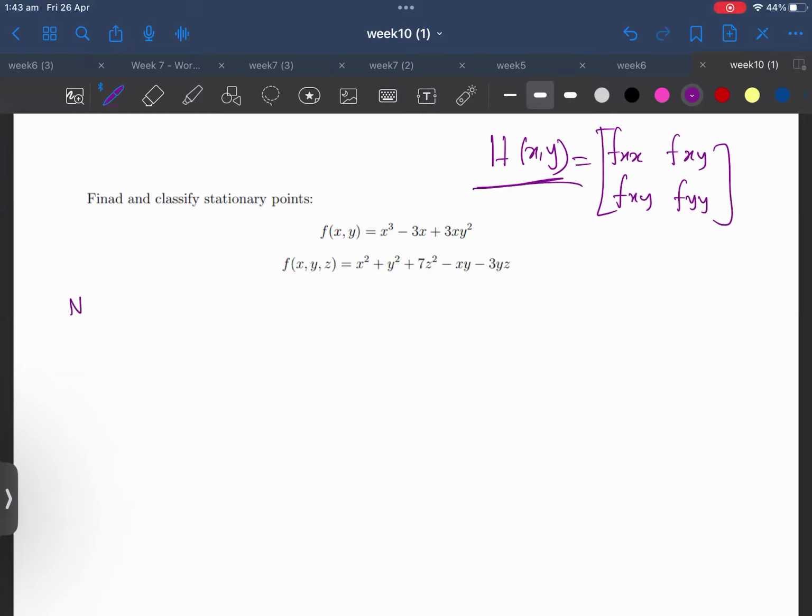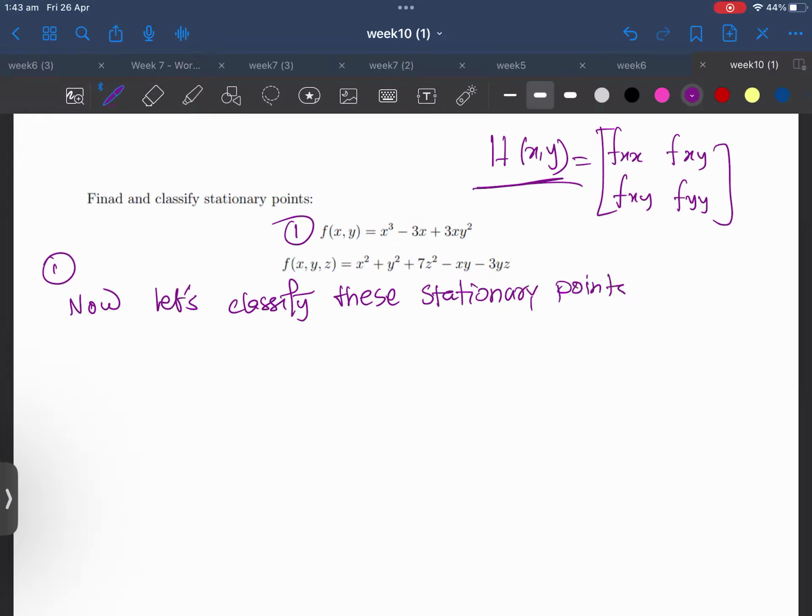So now let's classify these stationary points using the Hessian matrix.